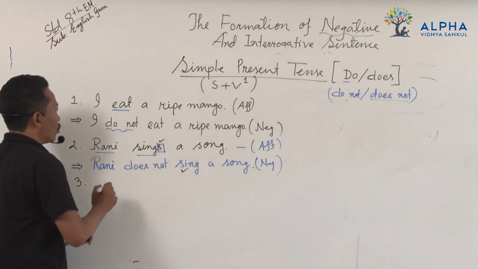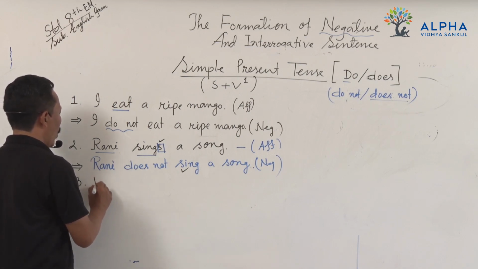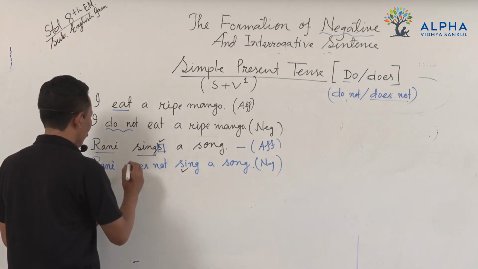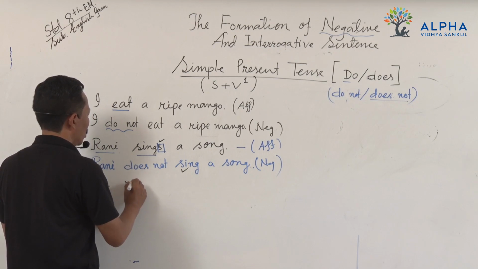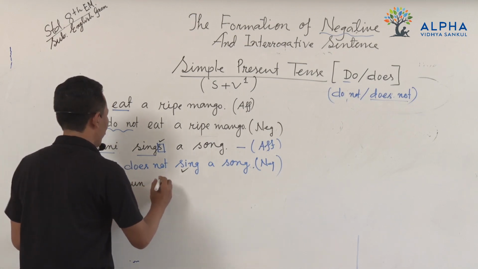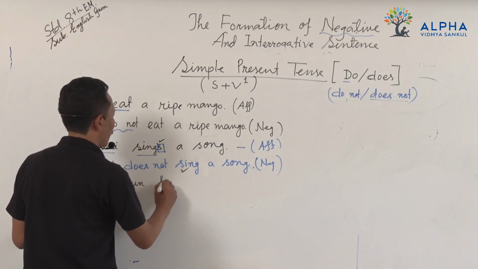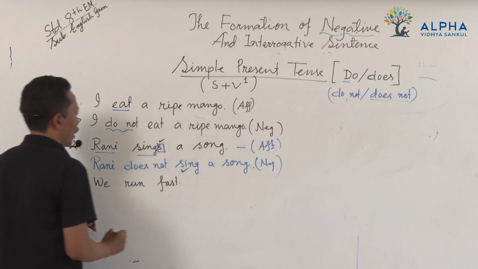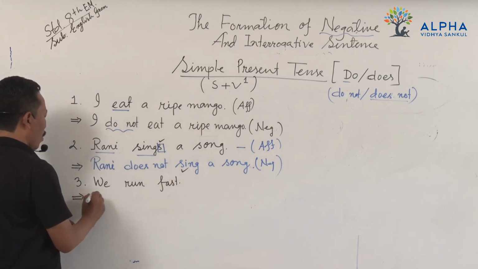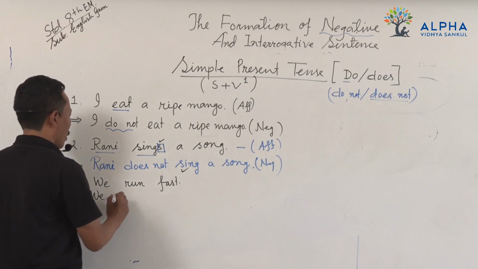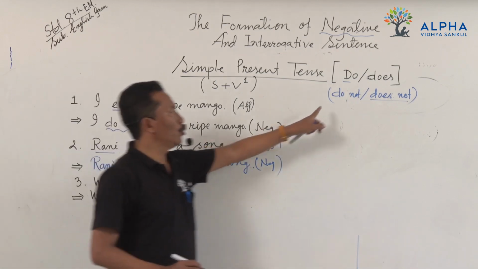This is not the end of the examples. We have thousands of examples. Now you see, we run fast. Then what will be here? Do not or does not.